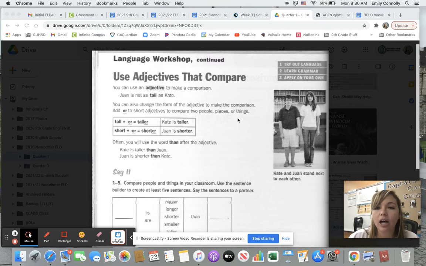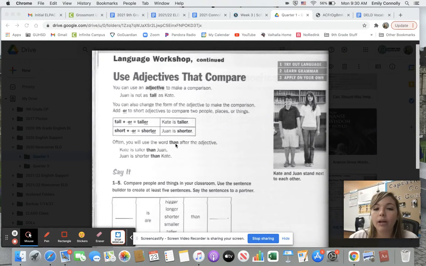Kate is taller, more tall than Juan. Short, which is an adjective, plus ER makes shorter. So Juan is not as tall as Kate. He's shorter. He's short. Más pequeña de Kate.